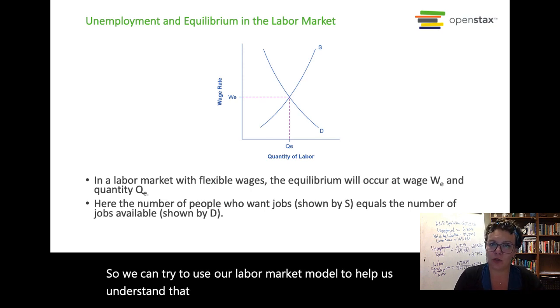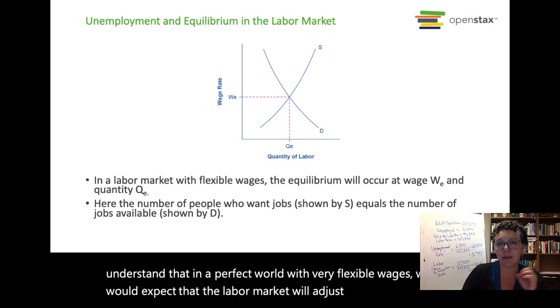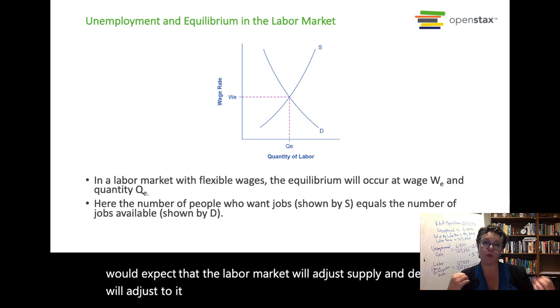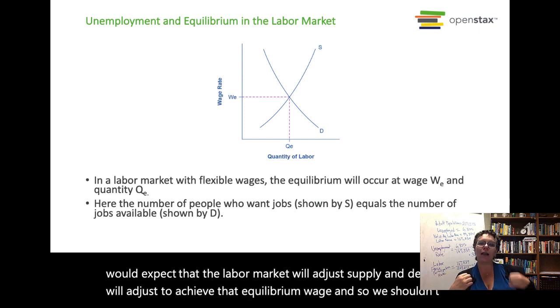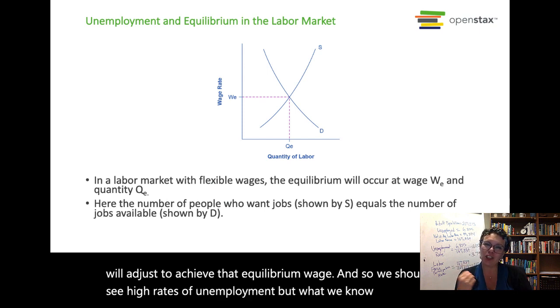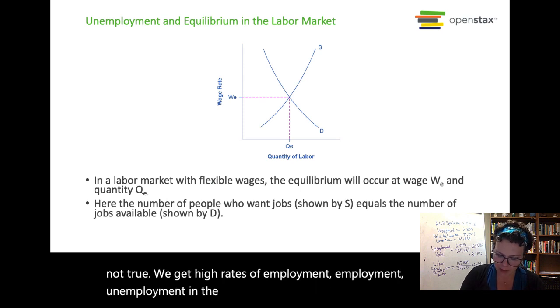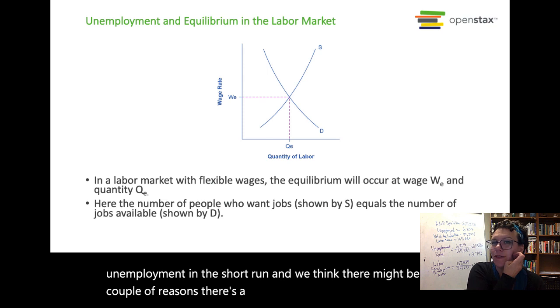In a perfect world with very flexible wages, we would expect that the labor market will adjust. Supply and demand will adjust to achieve that equilibrium wage, and so we shouldn't see high rates of unemployment. But what we know is that that's not true. We get high rates of unemployment in the short run. And we think there might be a couple of reasons. There's a couple of ways we can try to explain that.